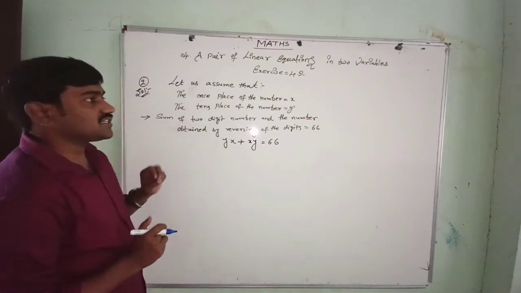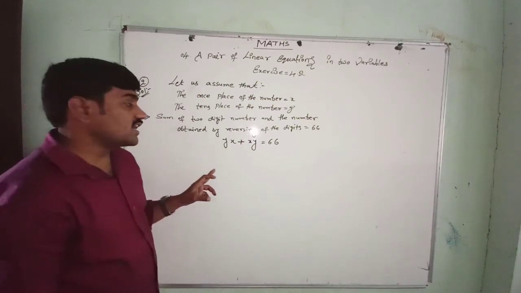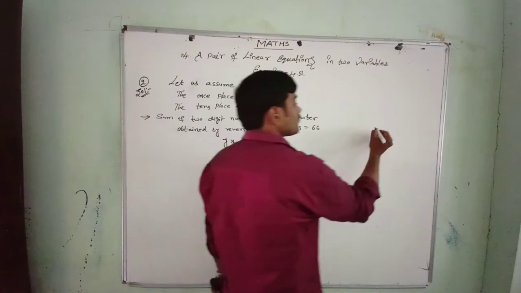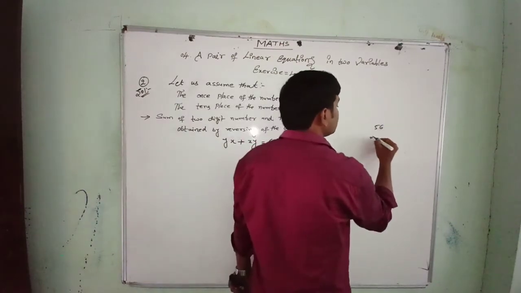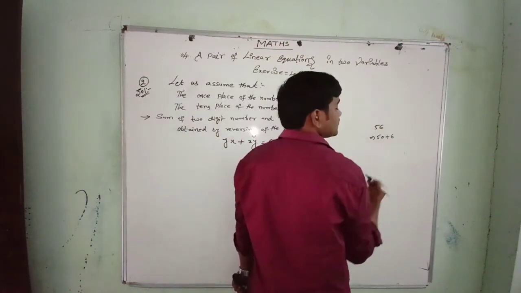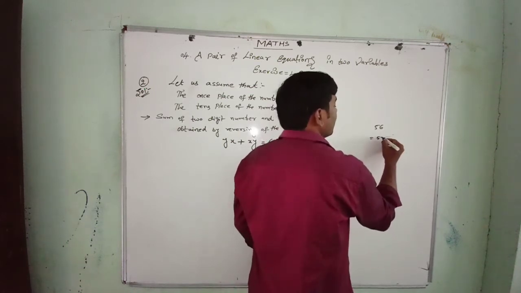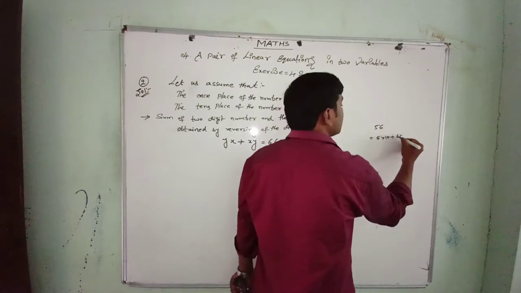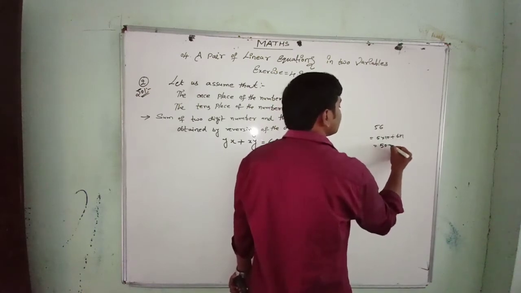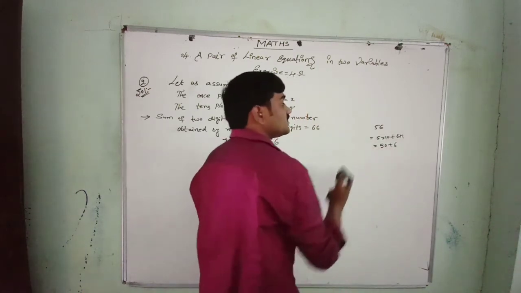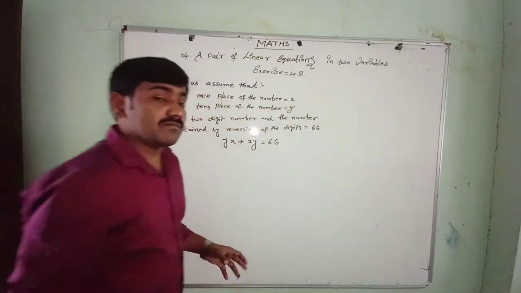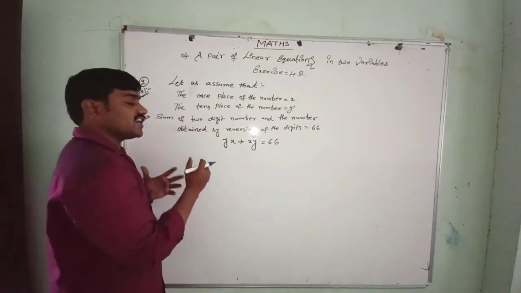But we need to understand that every two-digit number can be written in expanded form. Suppose there is 56, we can write 50 plus 6. How did you get 50 plus 6? 5 into 10 plus 6 into 1. In this way every two-digit number can be represented in expanded form.